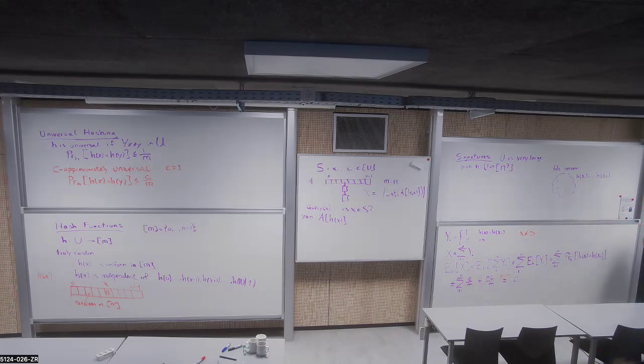How long is such a hash value in terms of bits if we're storing it? Well, a number in this range takes log of the number of bits in hash of xi, which is log base 2 of n cubed. It's 3 log n.